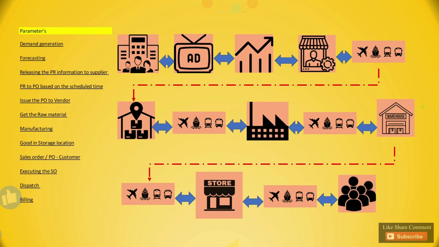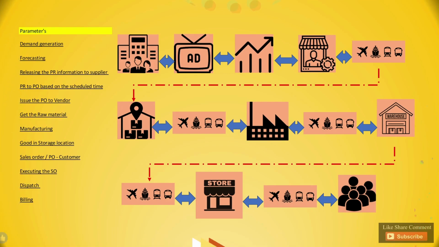The activity will happen, then we need to issue the PO to the supplier, get the raw material from the vendor, do the manufacturing, then store the goods into the storage location, then sales order or the PO from the customer, executing the sales order, making the dispatch and doing the billing.